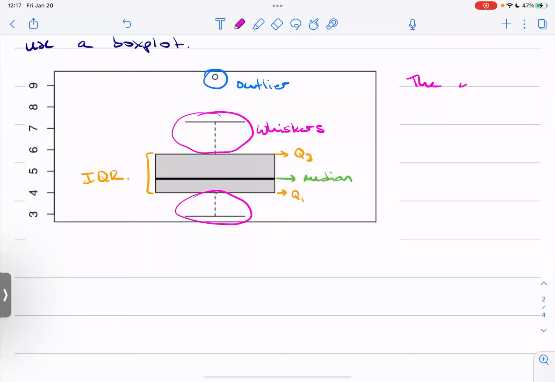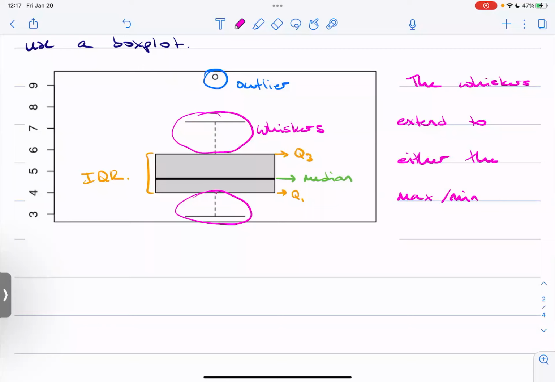Okay? And so the whiskers, I'll write it here. The whiskers extend to either the max or the minimum values, right? Because we have two whiskers, one on each side. And so here on our lower whisker, there's no outlier, right? So this whisker just goes to the minimum value.